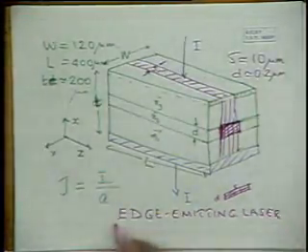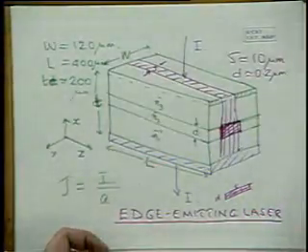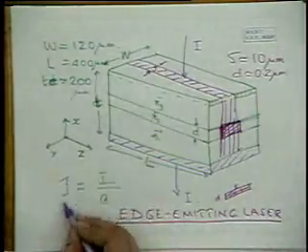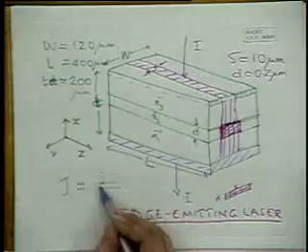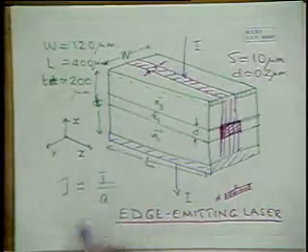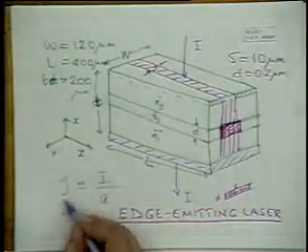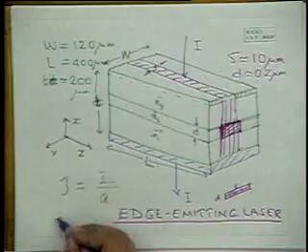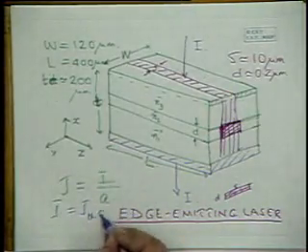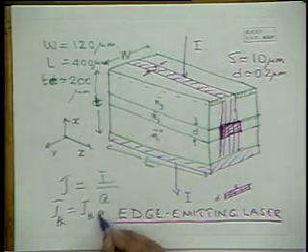And we want to look at the effect of the stripe today and see what happens. Of course, the overall current requirement comes down because the area is reduced. I is equal to J into A. So if there's a certain threshold current density, I threshold is reduced if A is reduced.